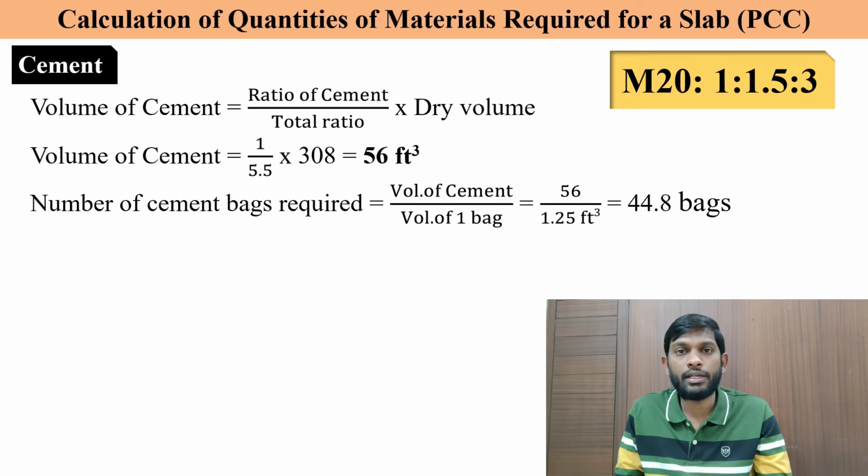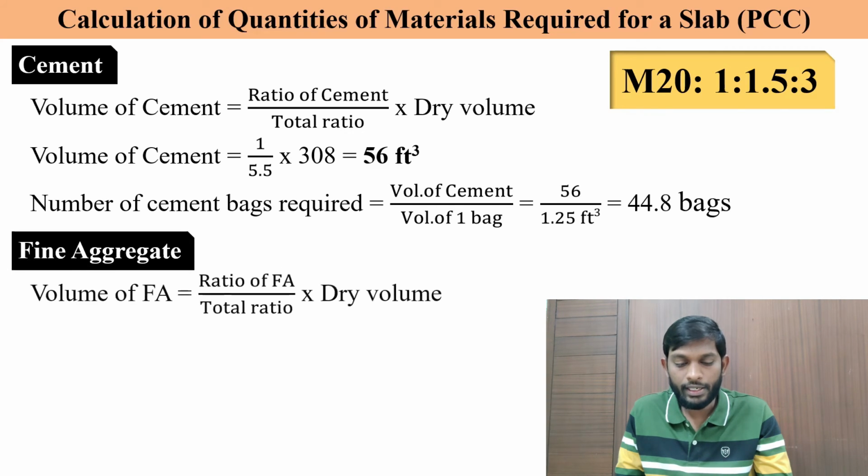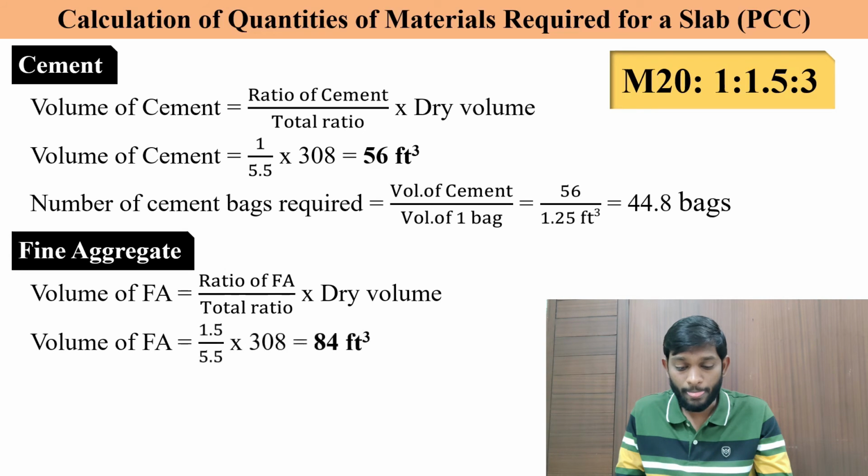Now let us calculate the fine aggregate quantity. Volume of fine aggregate equals ratio of fine aggregate divided by total ratio into dry volume. The ratio of fine aggregate is 1.5, the total ratio is 5.5 and the dry volume is 308. So upon calculating, the volume of fine aggregate is obtained as 84 cubic feet.